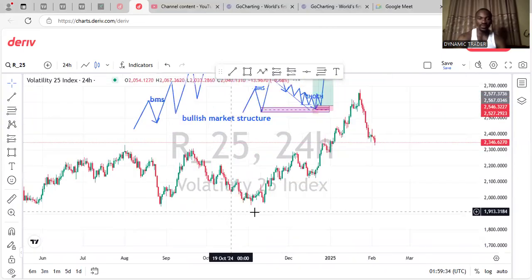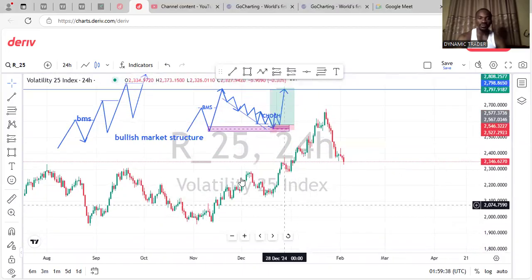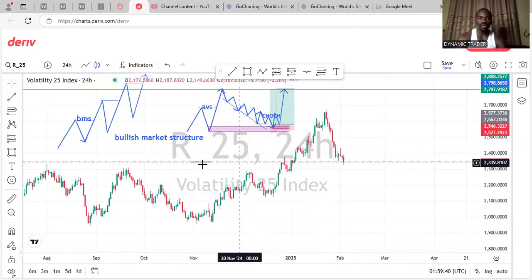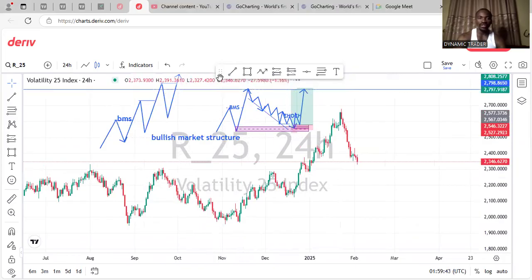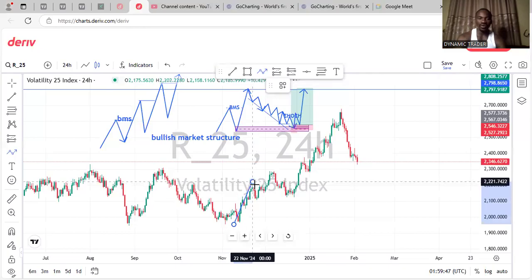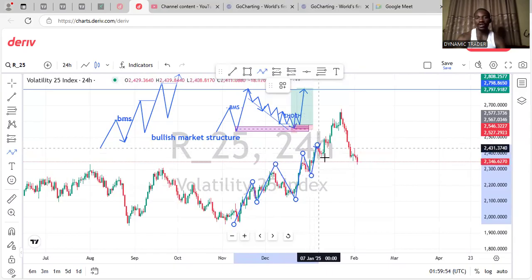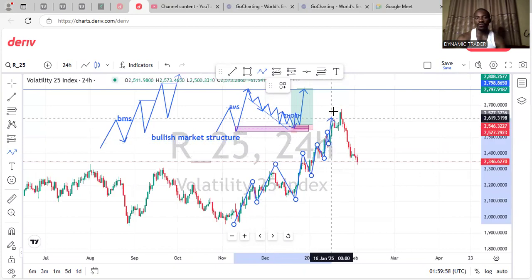This is still the same thing I was referring to as structure. You can see clearly how this market has been printing a series of higher highs, higher lows, higher highs, higher lows, higher high, higher low, higher high, higher low.